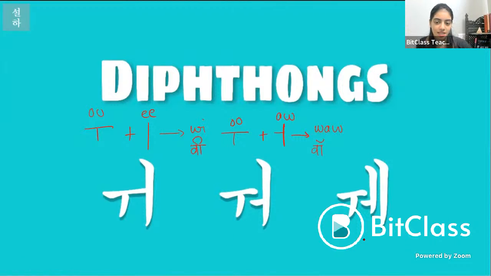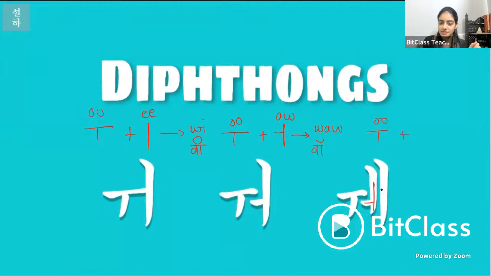Done. And the last one, similarly, will be. See how you would combine it. U and A, way. That's right, Savita got it. U and A, way. A third way we got. See, U. Okay?